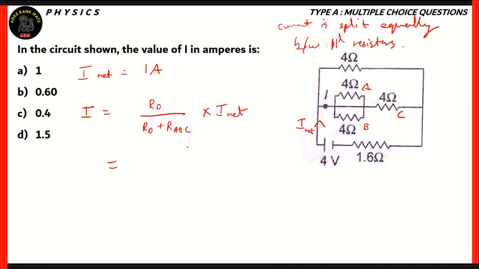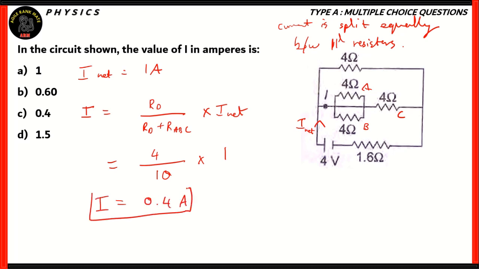So over here, RD is 4, RD plus RABC is 4 plus 6, which is 10, and INET is 1. So basically it is 4 by 10, which is 0.4 amperes.